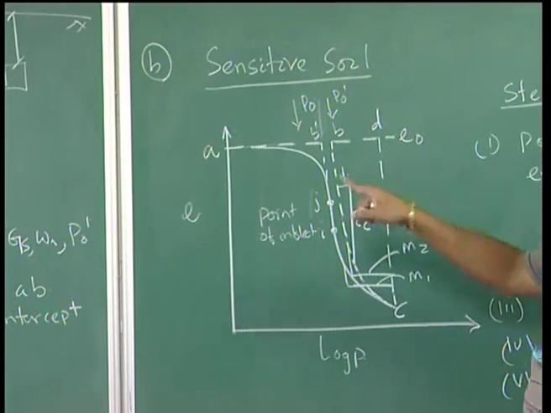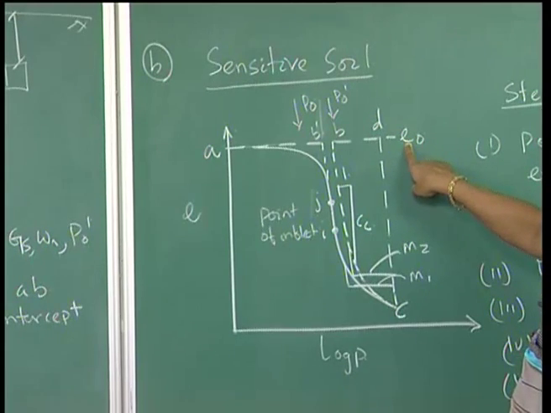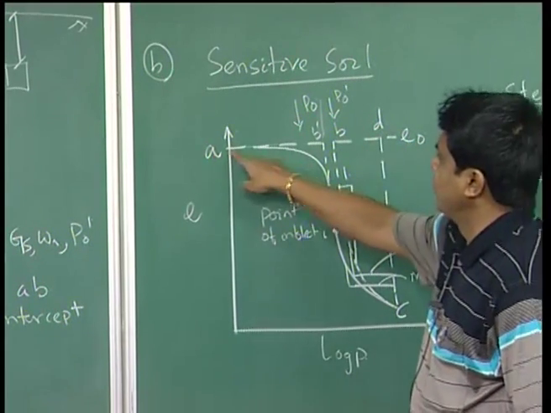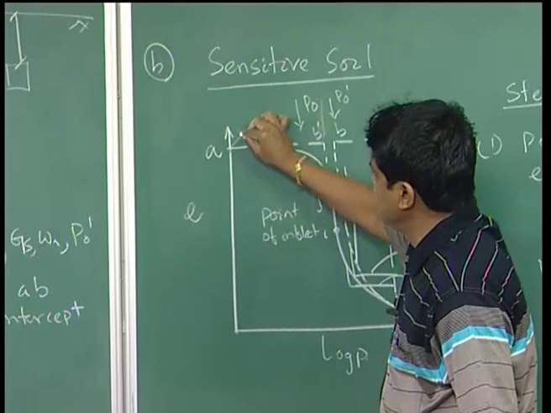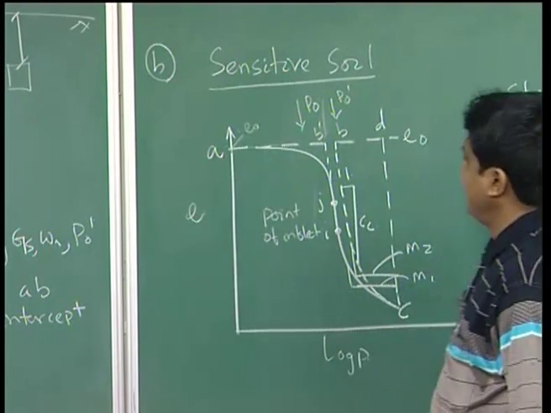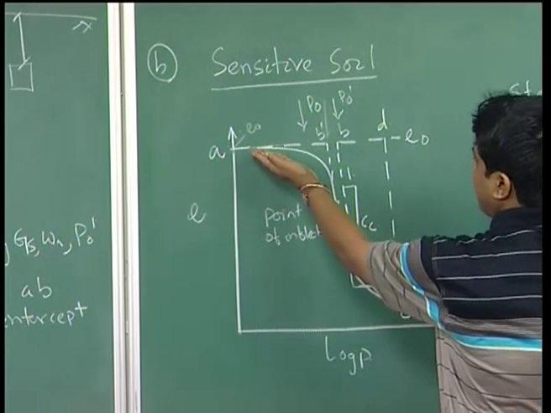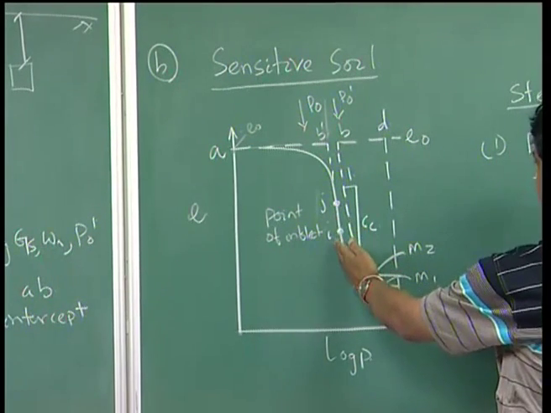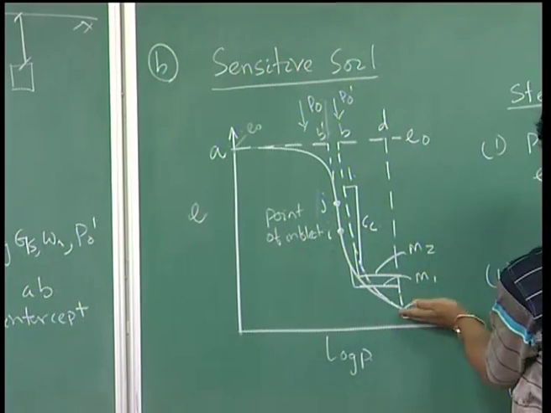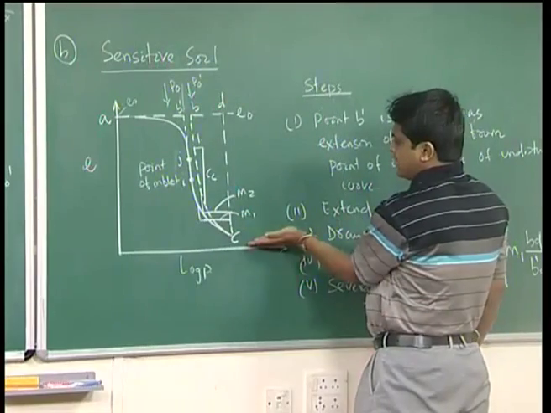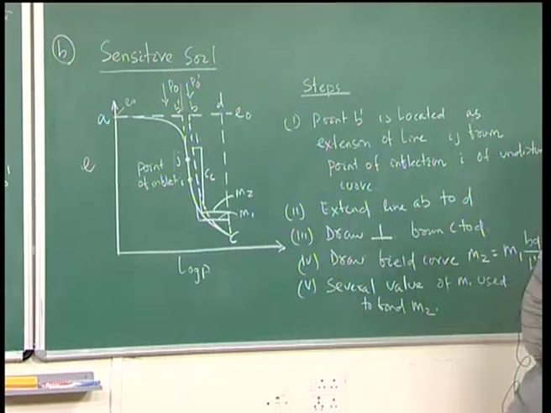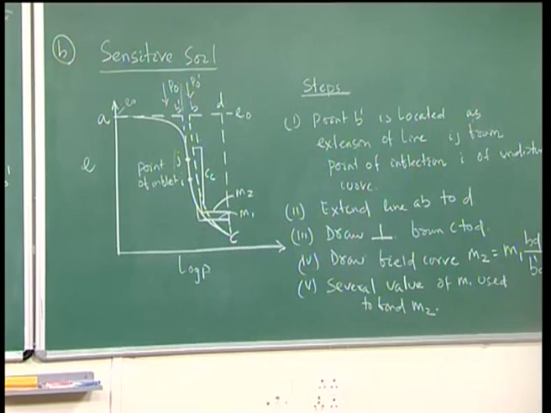Same step: first calculate e0. Suppose this is my e0, this is your point A. Then the curve for sensitive soil generally goes in this way; all of a sudden there is a point of inflection, then it again goes asymptotic towards log P. Point B prime is located as the extension of line IJ.